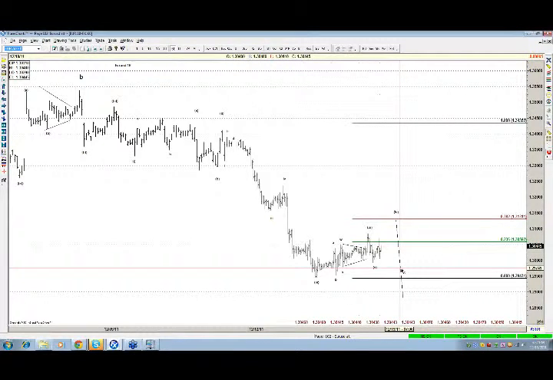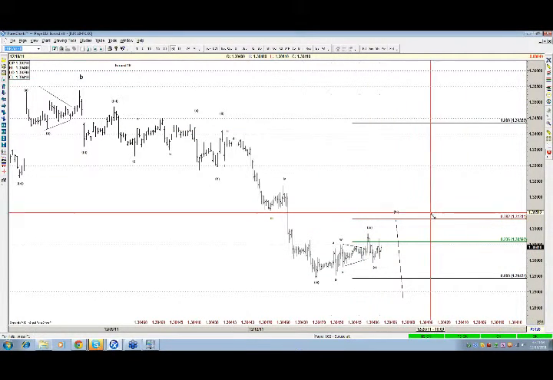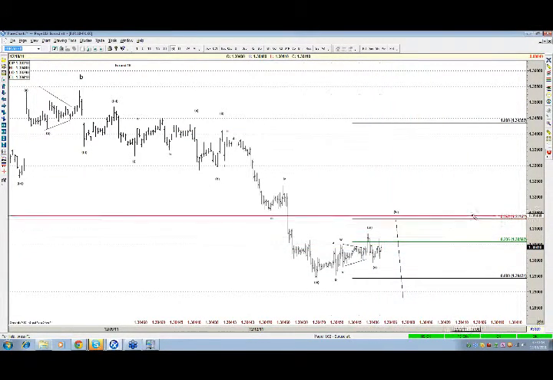He said, if it's hard to label, it's a correction. And he said, so sell it or buy it. And that's very nice. That's very practical. I really like that.